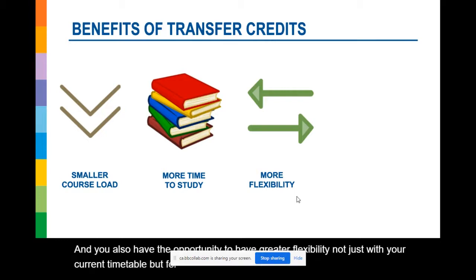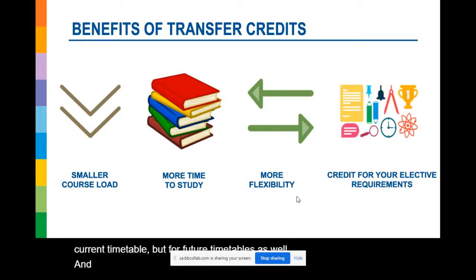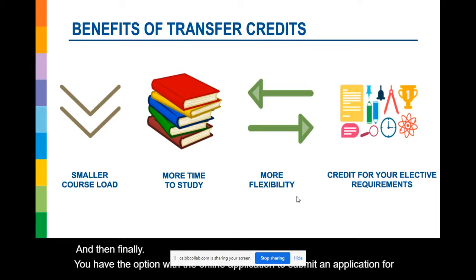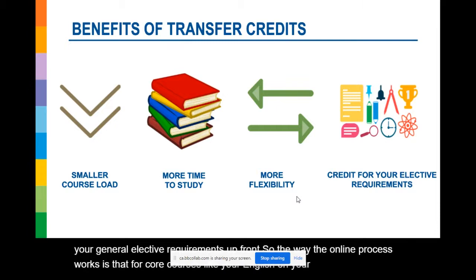And then finally, you have the option with the online application to submit an application for all your general elective requirements upfront. So the way the online process works is that for core courses like your English and your math, you can only submit an application at the time that you're able to register for those courses.